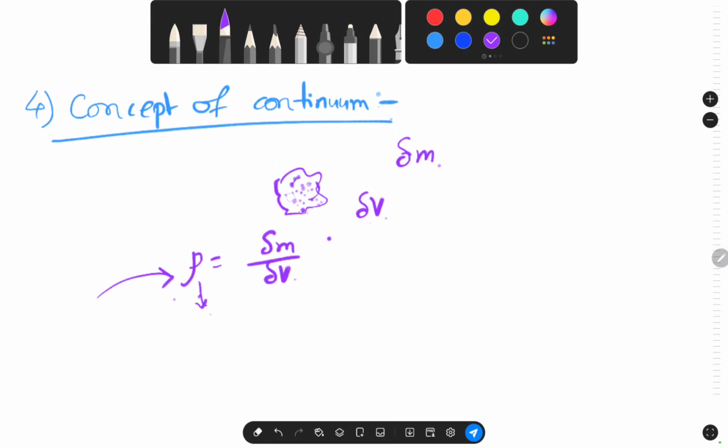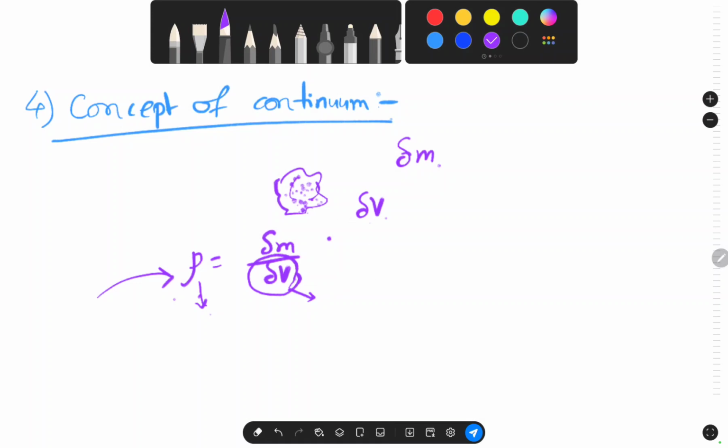But if we want to disregard the effect of the number of molecules on the density calculation, then we have to increase the control volume so that it can contain a large number of molecules.